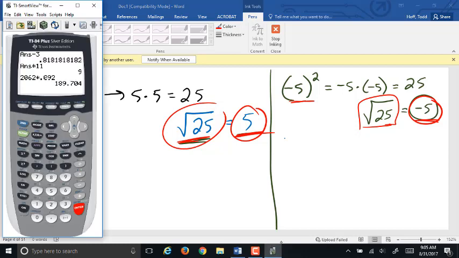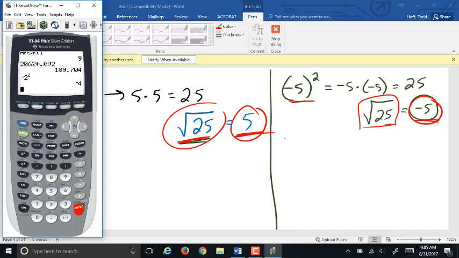Now, any of you that have your calculators with, I want you to try this. Some of your calculators will do this just fine, but many of your calculators are going to give you a problem here. If I do negative 2 and then I hit the x squared key, my calculator is saying negative 4. What should the answer be? 4. Negative 2 squared should be negative 2 times negative 2. Should be a positive 4. The reason being is my calculator uses order of operations. We'll talk about that in the next couple of classes.